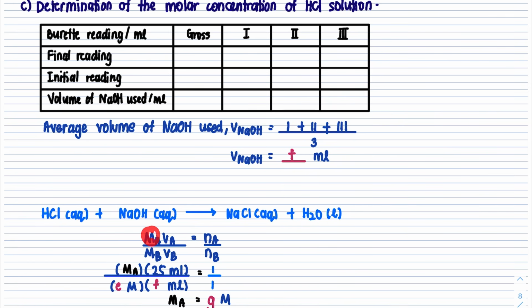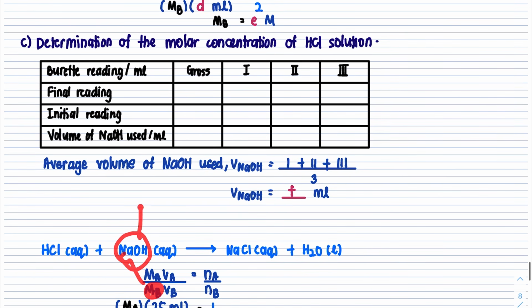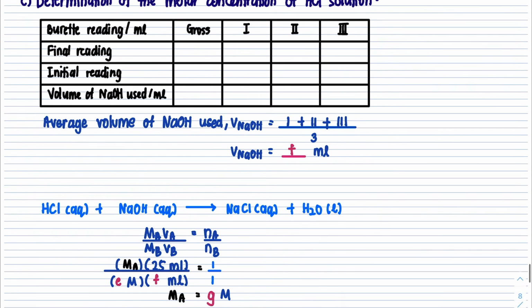So Ma is our unknown, the molar concentration of HCl. Volume of acid, the one that we pipette into our conical flask, is 25 ml. The concentration of base, Mb, is our NaOH, the one that we found out from the previous step for part B. And then the volume here must be your average of NaOH.